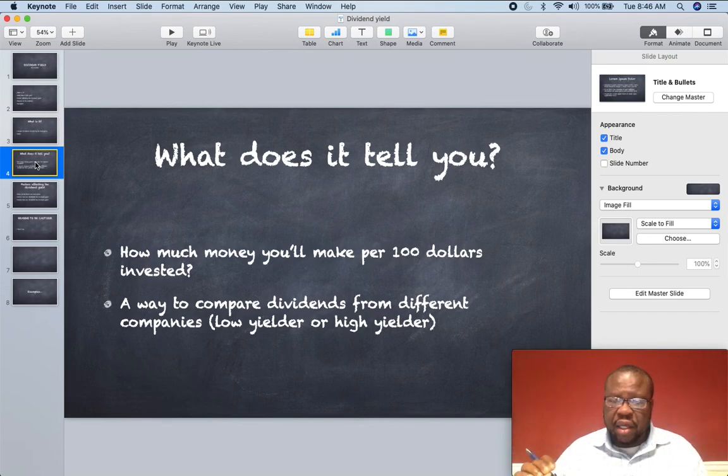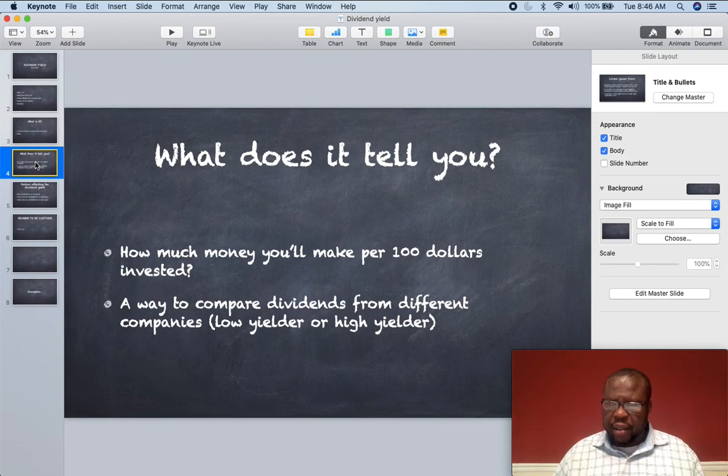And the reason why the dividend yield is helpful, if you have two different companies, company A and company B, one of them is paying $5 in dividends per year. One is paying $3 in dividends per year. One is paying $8. How do we compare, right? We use the dividend yield, okay? Because then you will take the numerator, or the dividends annually, divided by the price, and you'll get a percentage. That's how you're able to compare. Am I going to make more money with this company versus this company?